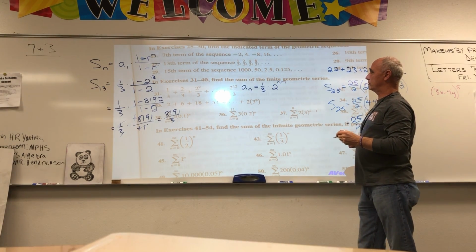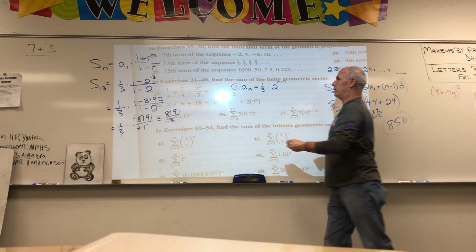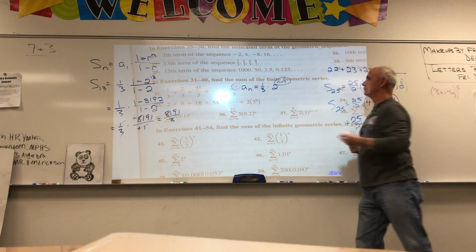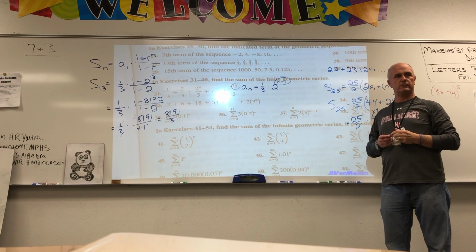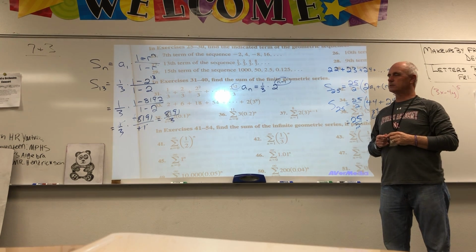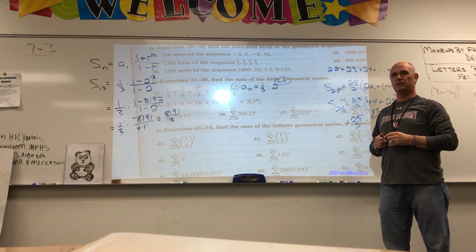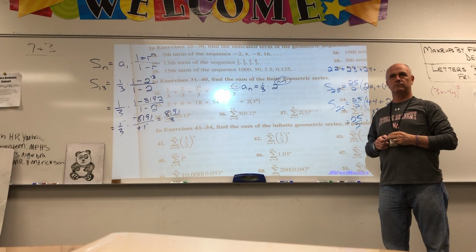So for this power to be 12, n has to be 13. That's probably the easier way to look at it. I was trying to think too much, which always gets me in trouble. It's a lot easier to take in. Is that okay?